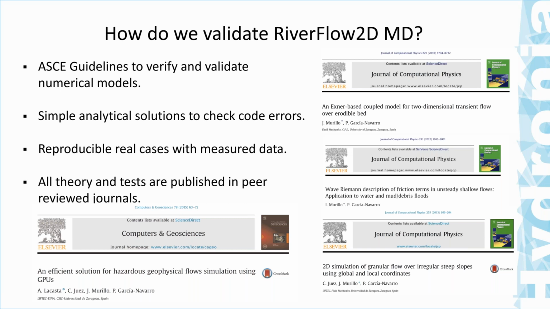There are clear stages that you need to follow, like comparing with simple analytical solutions to check for code errors, trying to reproduce experiments and real cases and so forth. So there's a set of steps that you follow.